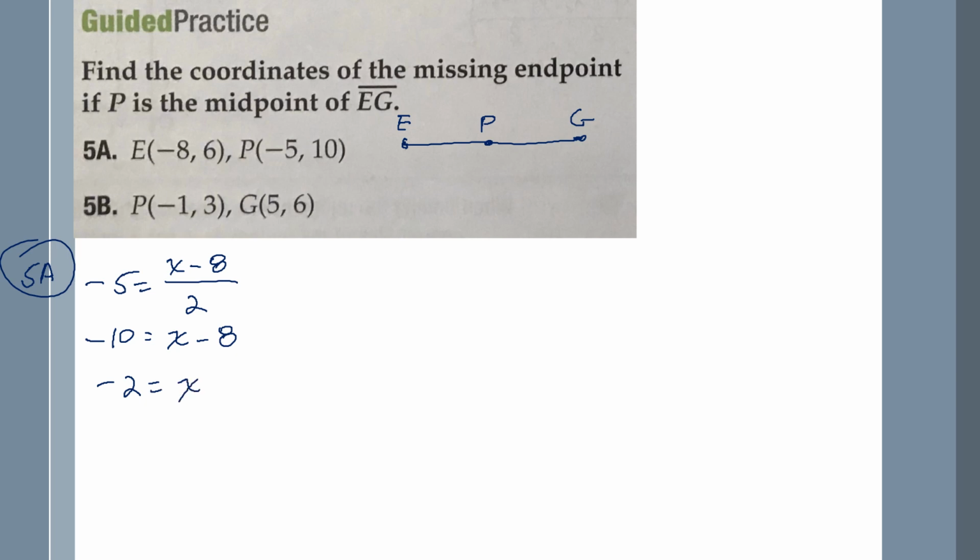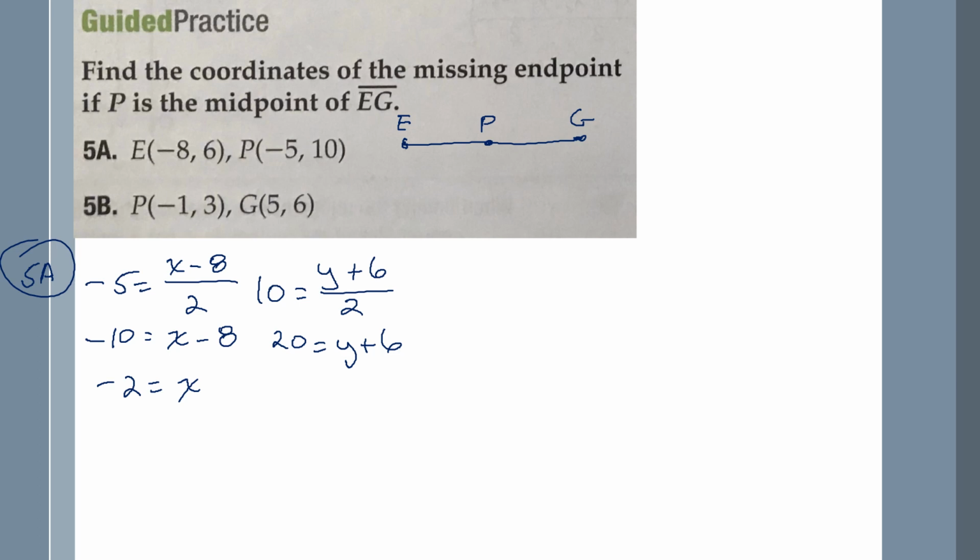Let's do the same thing for y now. So 10 is equal to y plus 6 divided by 2. Multiply each side by 2, I've got 20 is equal to y plus 6.